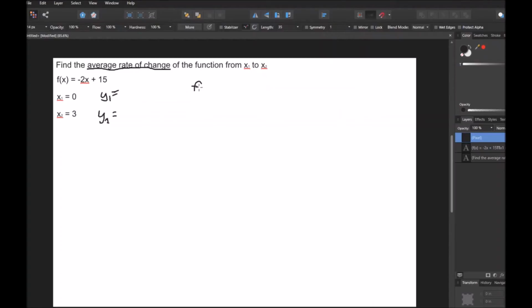So f of x1, which you can also write as f of 0 if you want to, will be negative 2, and then we're going to replace all x's with the x1 value, which is 0. So negative 2 times 0 plus 15. Anything times 0 is 0, and 0 plus 15 is 15. So our y1 value is 15.